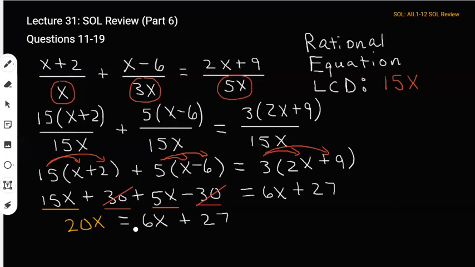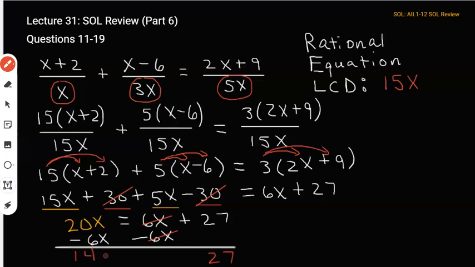Okay, so now I want to get all the x terms on the left side. I need to get rid of this 6x somehow. Since it's positive, I'm going to subtract it. Minus 6x on both sides. So when I do that, the 6x is going to cancel. I can bring down the 27. And then over here, I've got these x terms combining. 20 minus 6 is going to give me 14 times x.